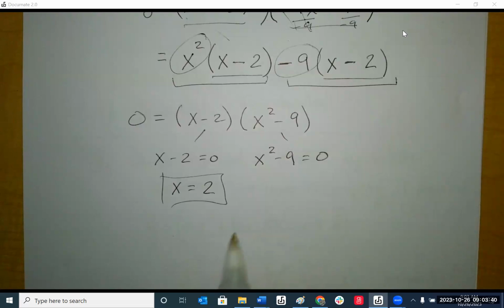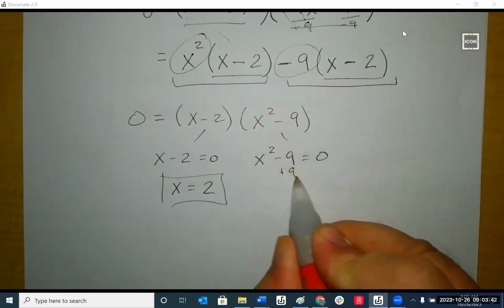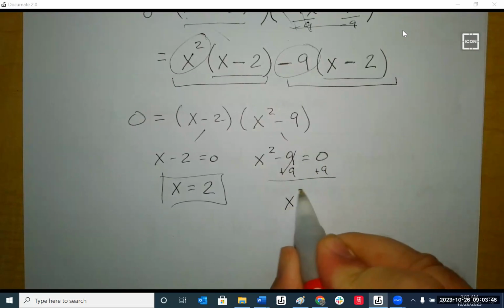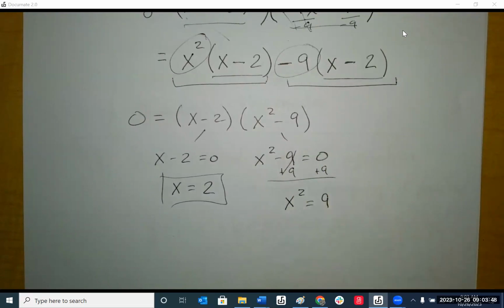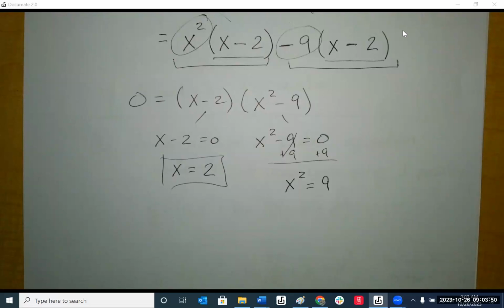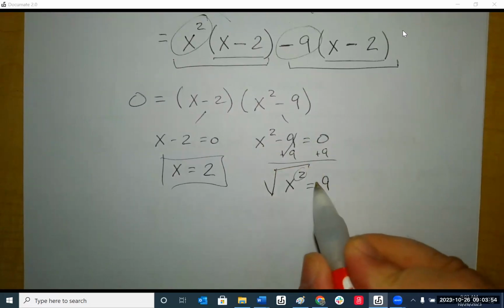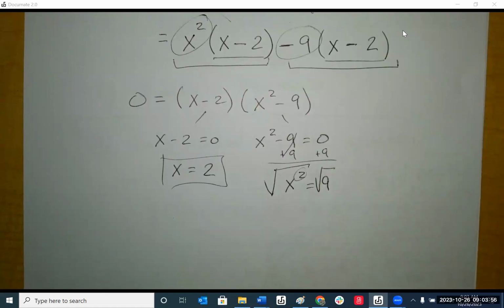In the second one, add 9 to both sides. X squared equals 9. I have to get rid of the square, so I square root it. So those cancel, and I have x. Since I square rooted a square term, I put a plus or minus in front of the answer.